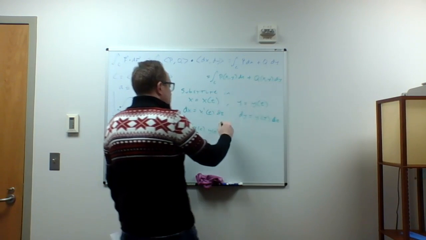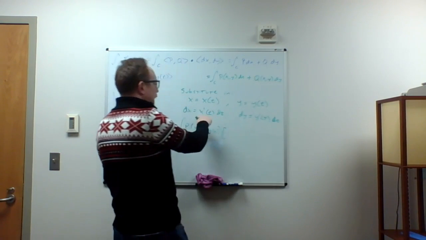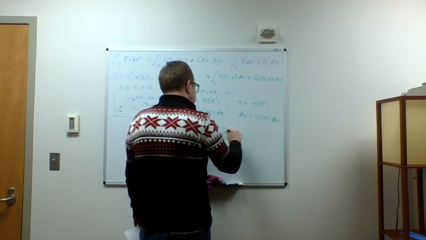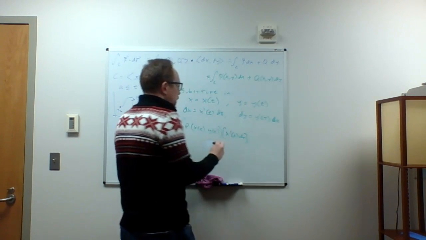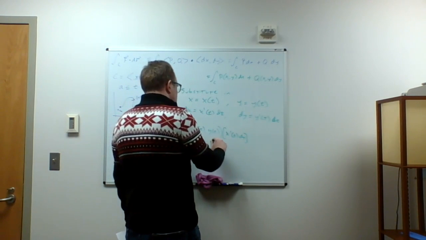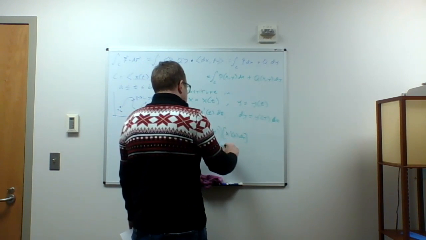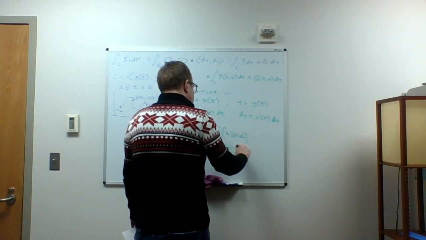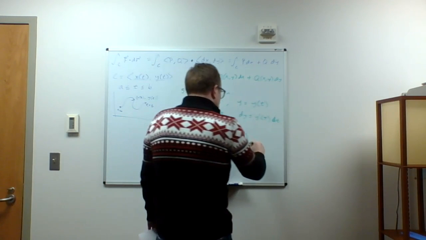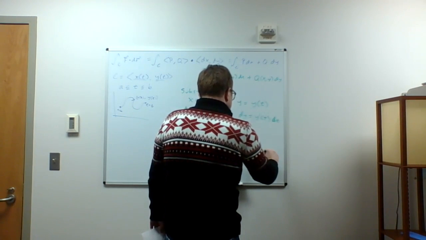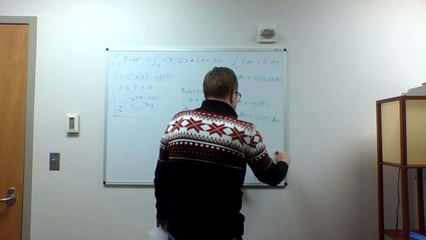And then this dx becomes x prime of t dt. Okay, and then similarly, Q is going to be x of t and y of t. And then our dy becomes y prime of t dt.